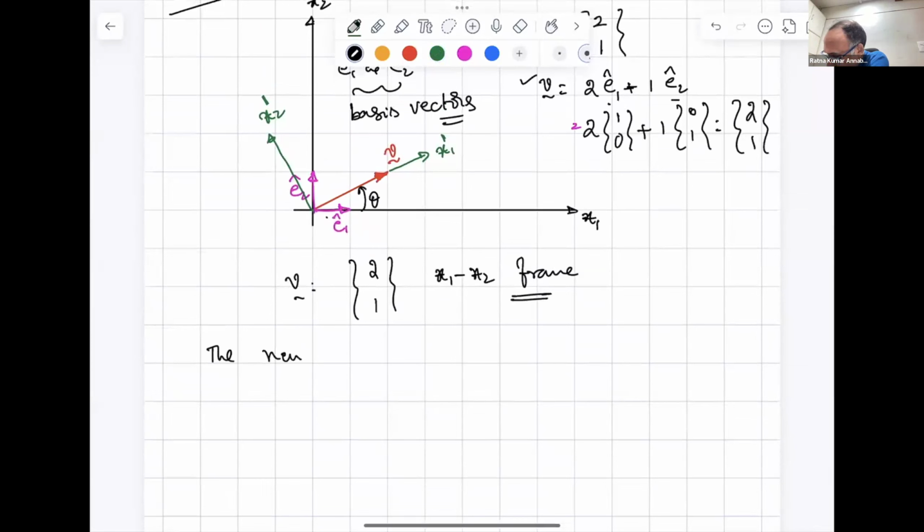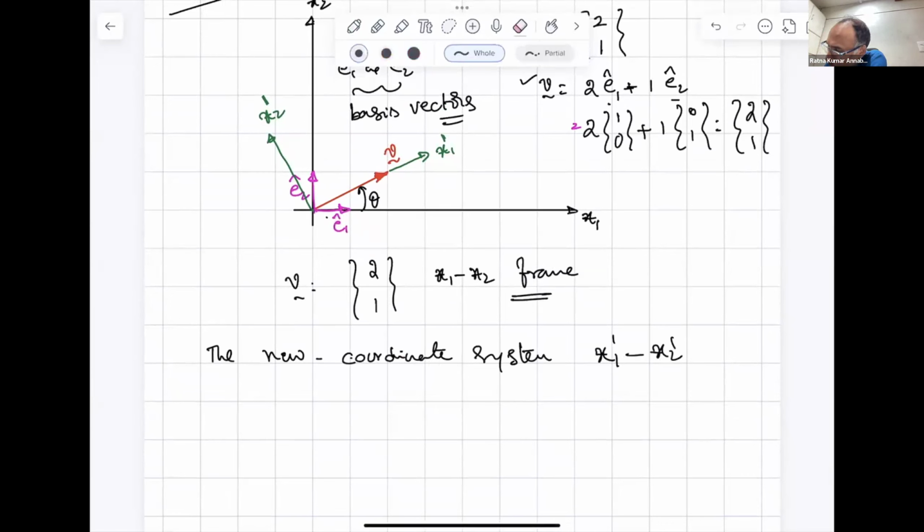The new coordinate system is with respect to x1 dash, x2 dash. So along x1 dash, x2 dash, let me define new basis vectors along that new frame of reference. Let us say I am using blue color.